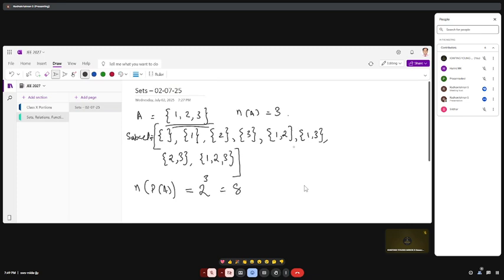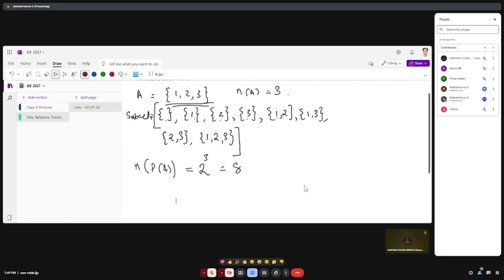You can see how that 8 comes: 1, 2, 3, 4, 5, 6, 7, 8. Because the number of elements in the power set is 2 to the power of the number of elements in the set itself.